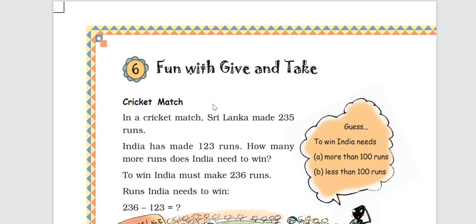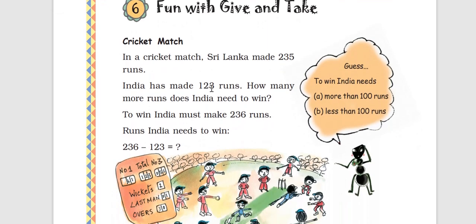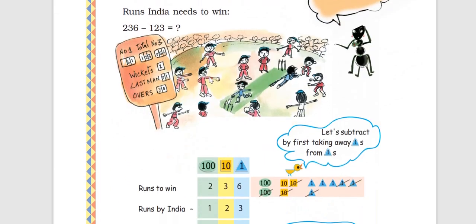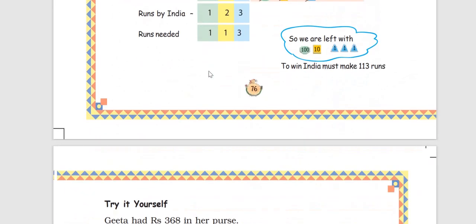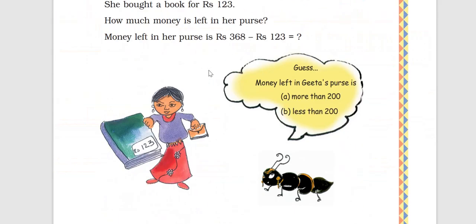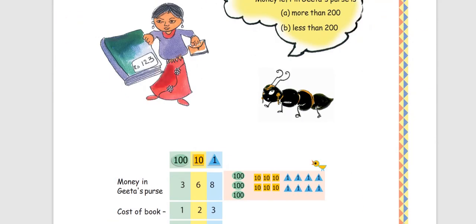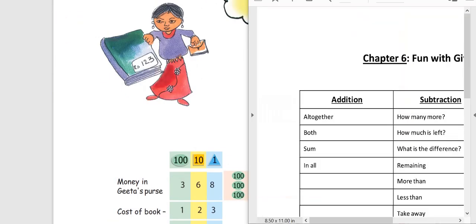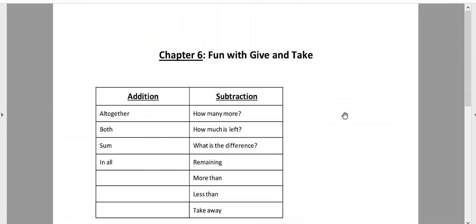In the first part, we looked at some of the word problems, how to subtract using regrouping or borrowing concept. And we also looked at some of the keywords which help us identify what kind of operation we need to use. I'll recap those keywords, mostly surrounding the subtraction, which is what we did in this chapter.